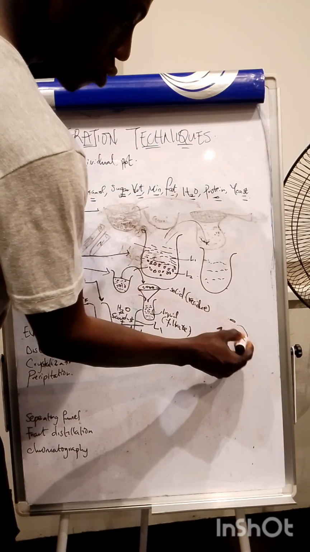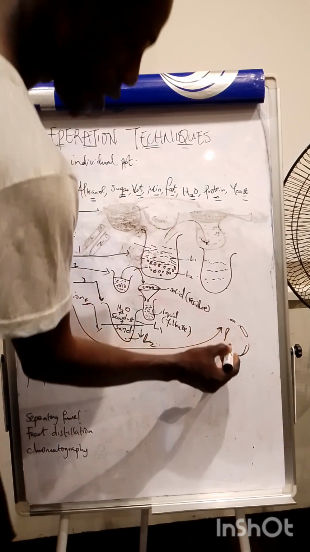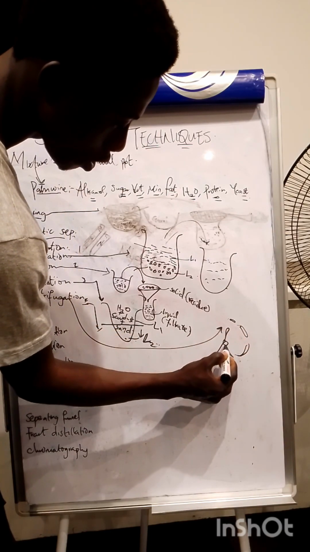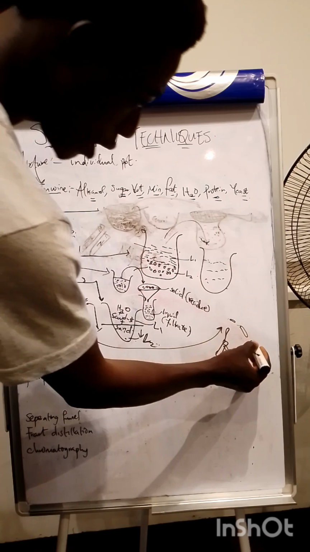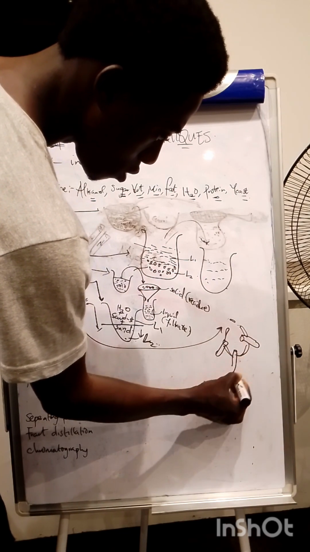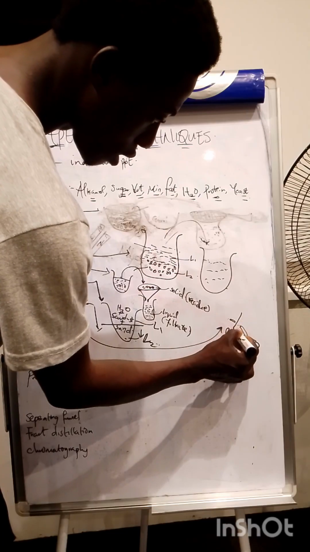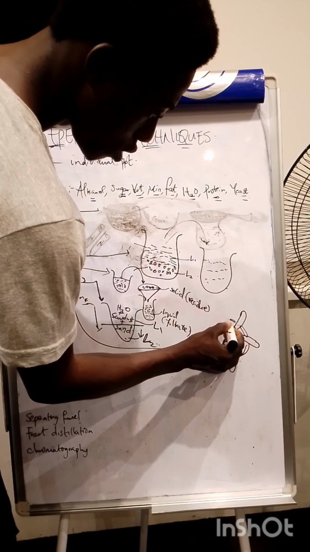Let me just draw it like this. So now you have a test tube here. If you have a test tube here, you have to counterbalance it with another test tube here again. Then you have another test tube here, counterbalance it again, and you have another test tube here.